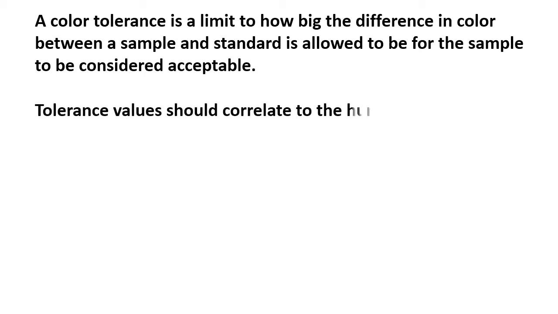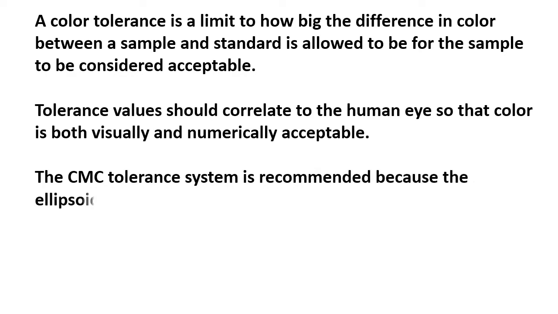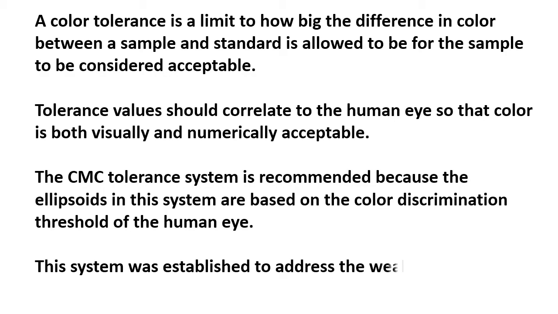Tolerance values should correlate to the human eye so that color is both visually and numerically acceptable. The CMC tolerance system is recommended because the ellipsoids in this system are based on the color discrimination threshold of the human eye. This system was established to address the weaknesses of other tolerance systems and improve accuracy.